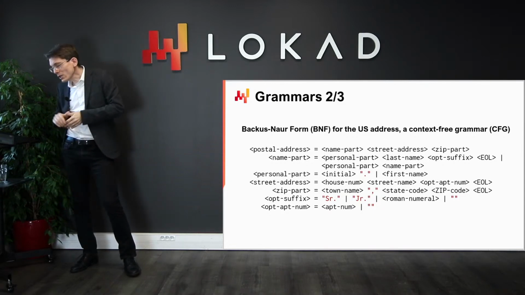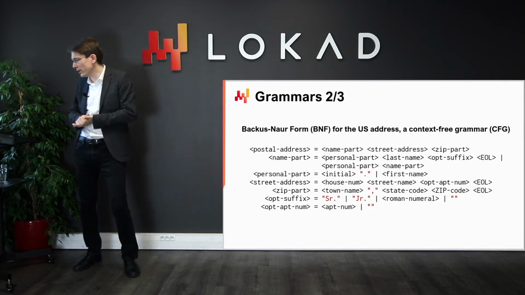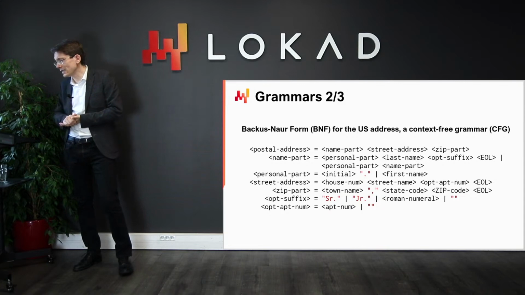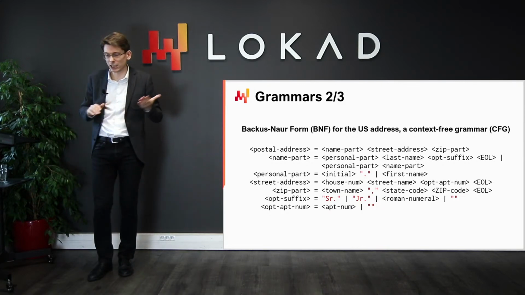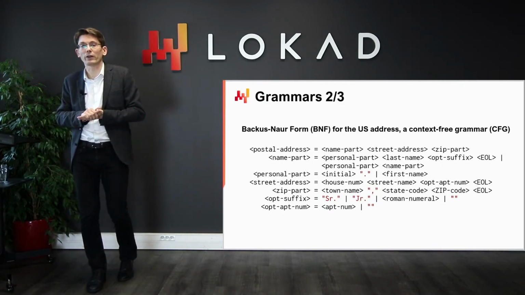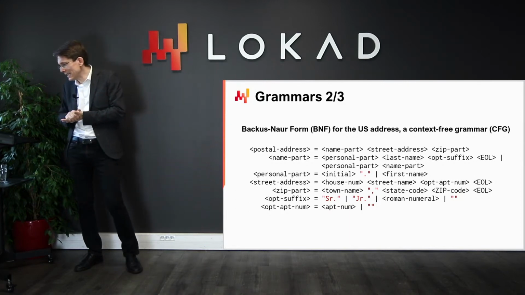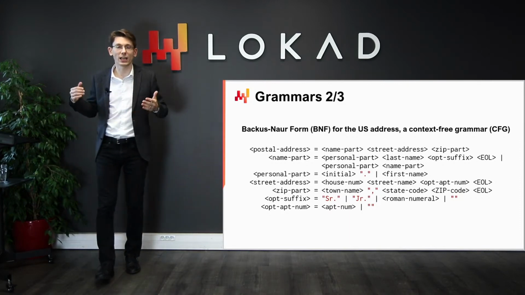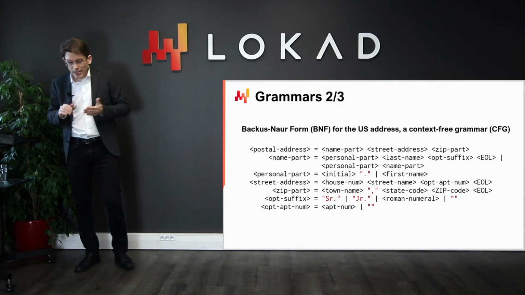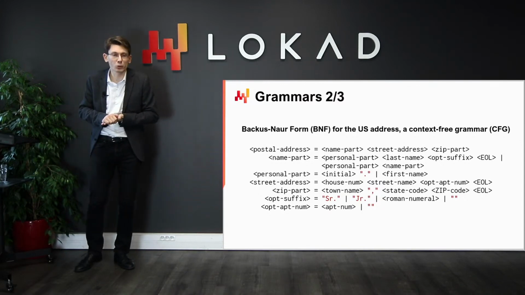Now, the typical way to represent a grammar formally is the Backus-Naur form, BNF in short. This is a special notation. This may seem very technical, but it's not actually that technical. On the screen, what you can see is a mini programming language that represents US postal addresses. Each line that has an equal sign represents what is called a production rule.